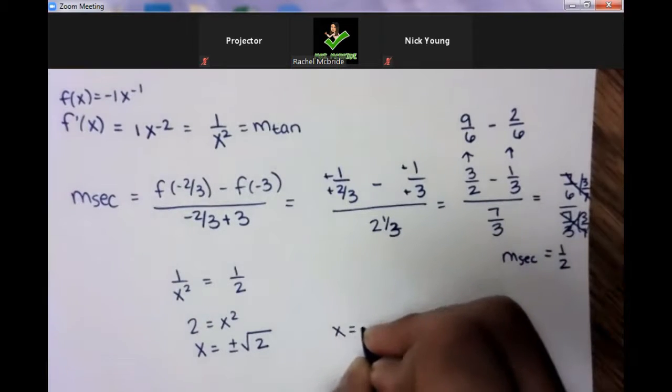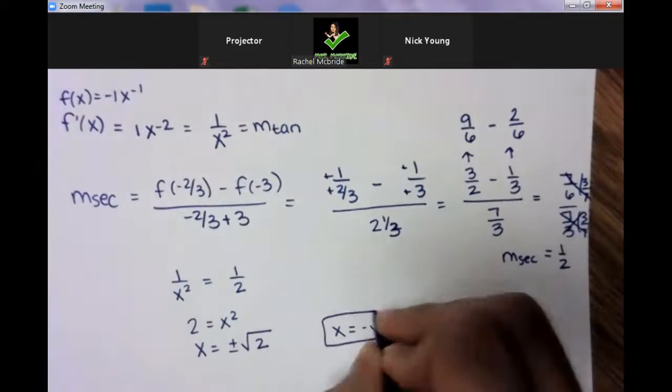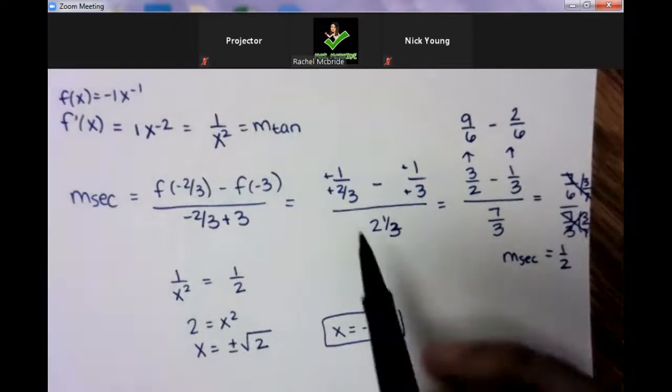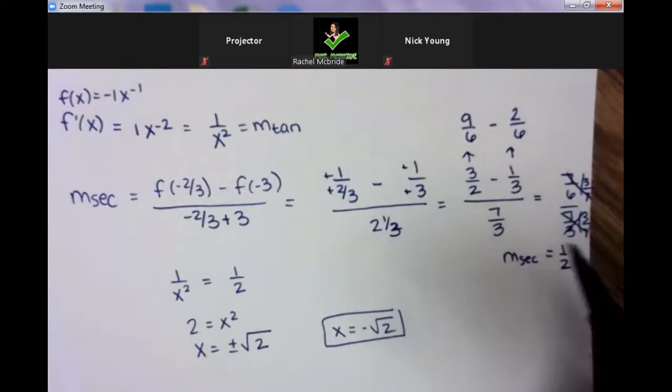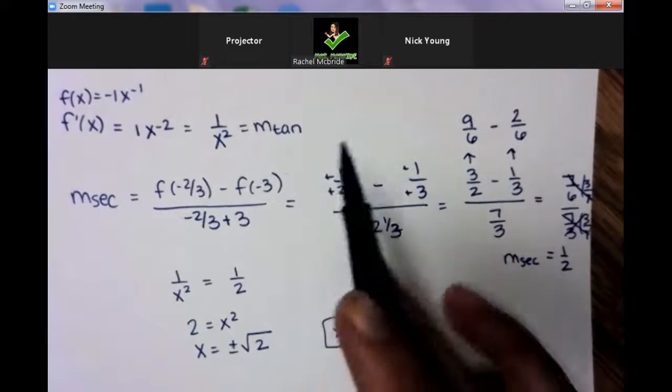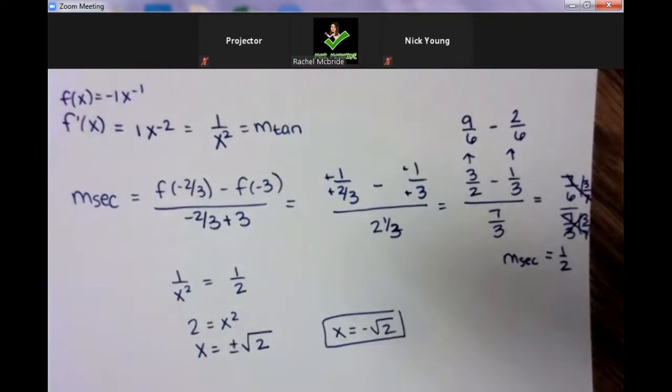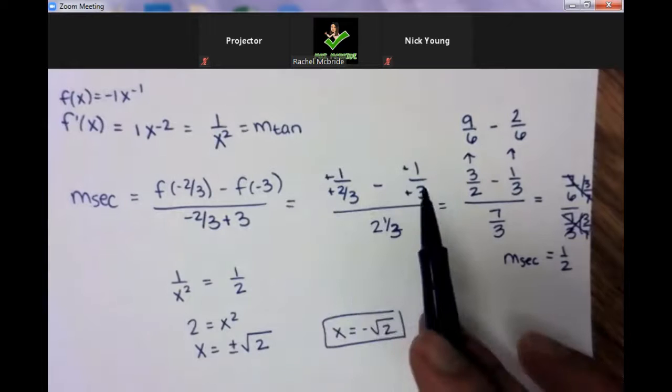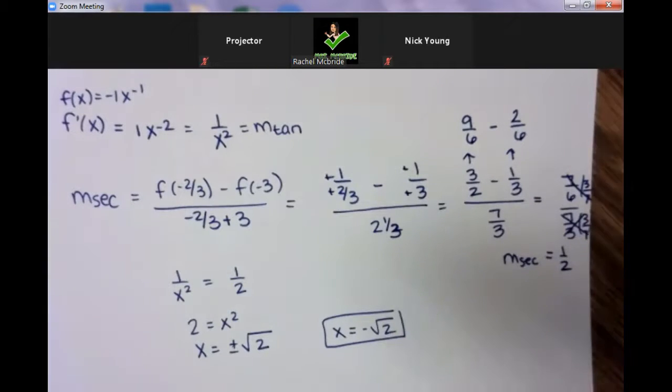However, my answer is only the negative square root of 2 because the positive wouldn't be included in my initial given interval. So by MVT, the slope of the tangent equals the slope of the secant when x equals negative root 2.